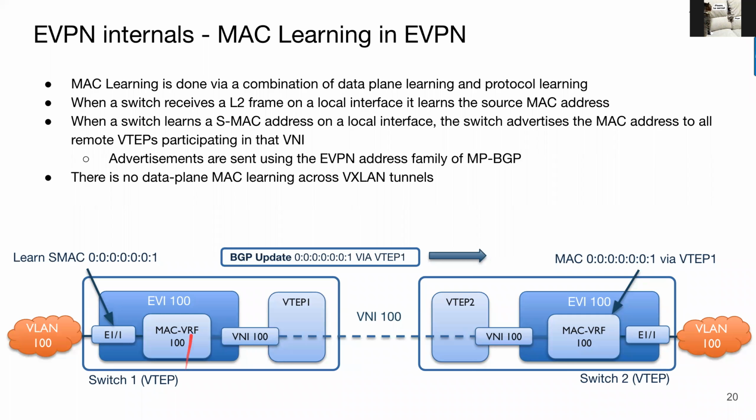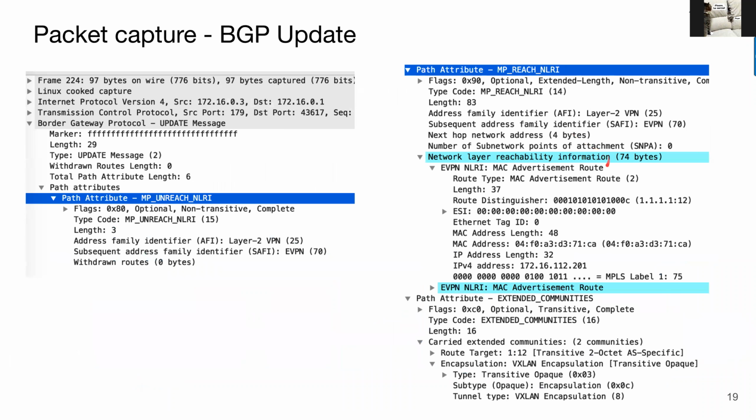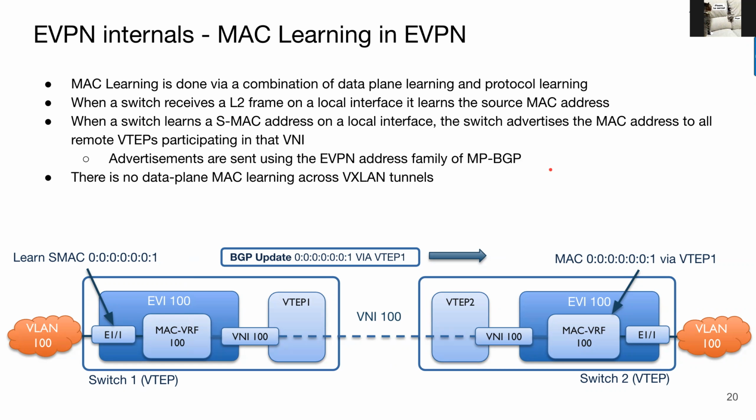The difference is now when this VTEP learns the source MAC on a local interface, then it is going to advertise this MAC address via a type 2, which we are looking at here, via this type 2 advertisement route out to all VTEPs in his flood list.